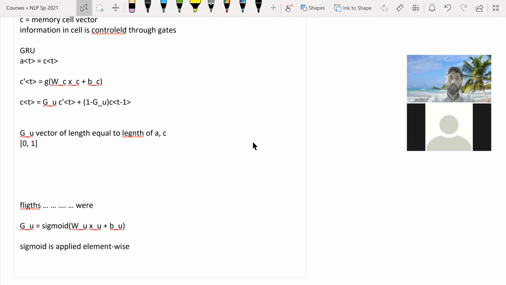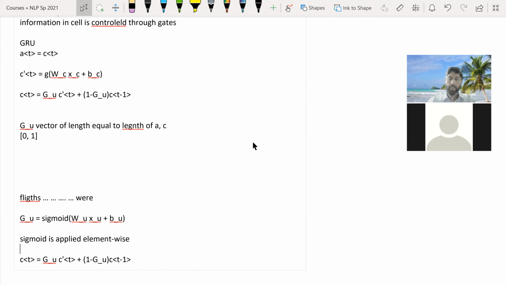So coming back to our original function, this was our main recurrence equation. Now GU is also learned adaptively.